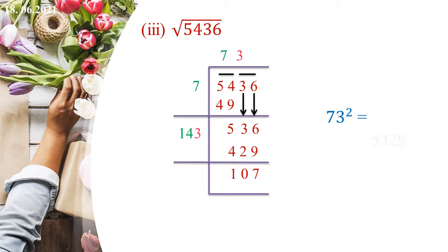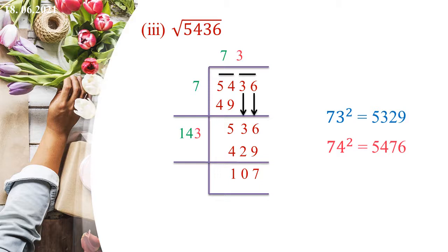So 73 square equals 5329. But still we are not very close to the square number. We know that 74 square equals 5476.